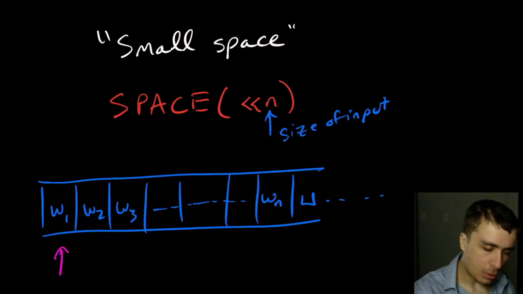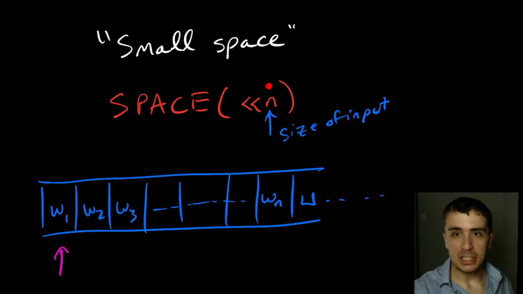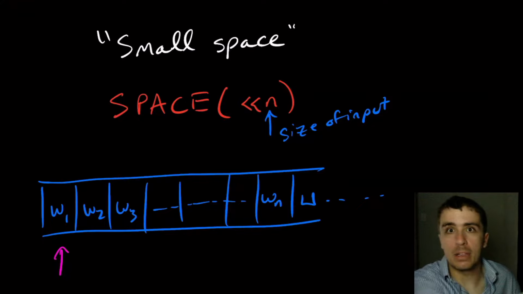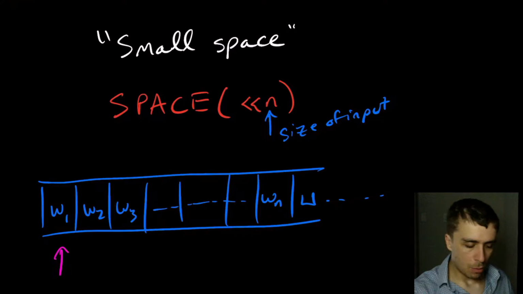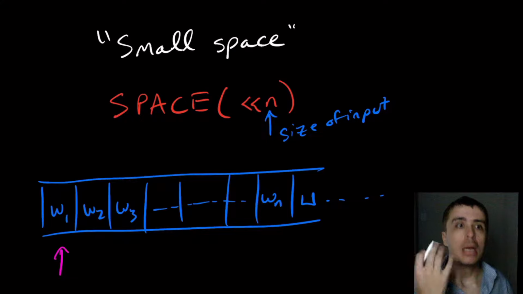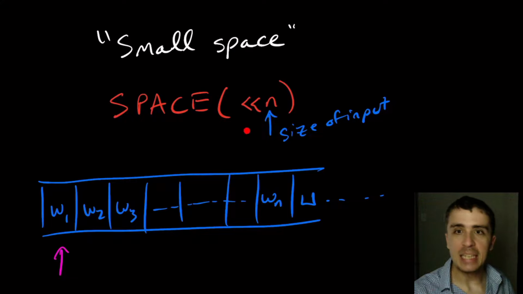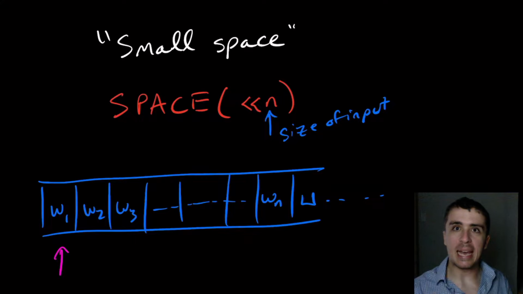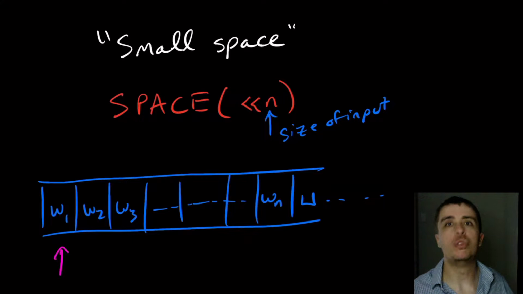So you may think, if I only want to access a constant number of cells, maybe I only need to look at the first cell and I don't care about the rest of the string at all. Well, then you may think we may need all n cells here to represent the input properly, and we technically do. But to achieve anything less than n space, we're going to count the amount of work that we do differently.